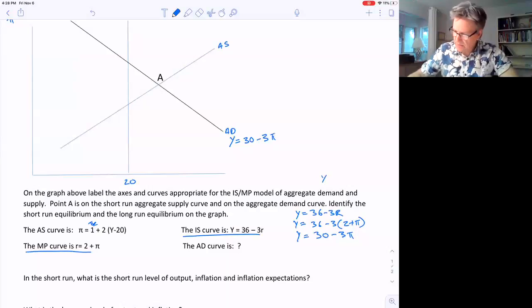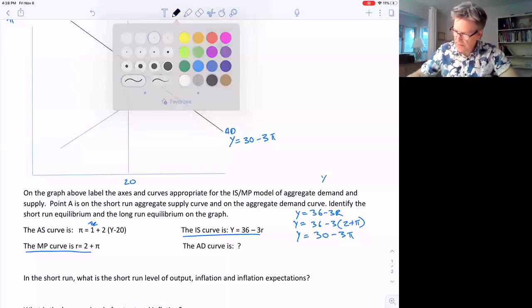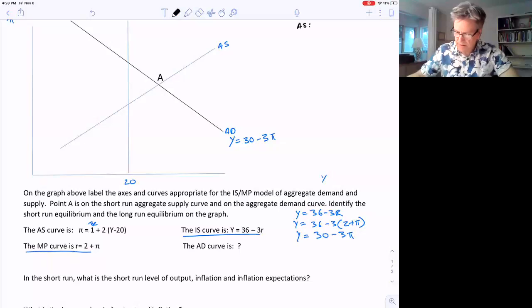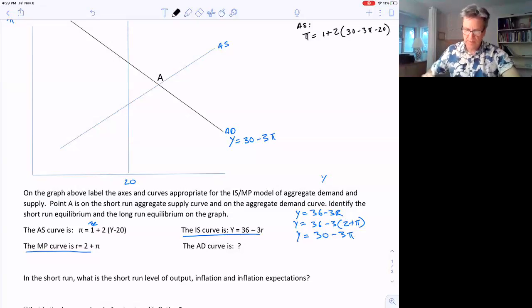So the aggregate supply curve is going to be pi equals 1 plus 2 times (y minus 20). And we know y is 30 minus 3 pi, minus 20.